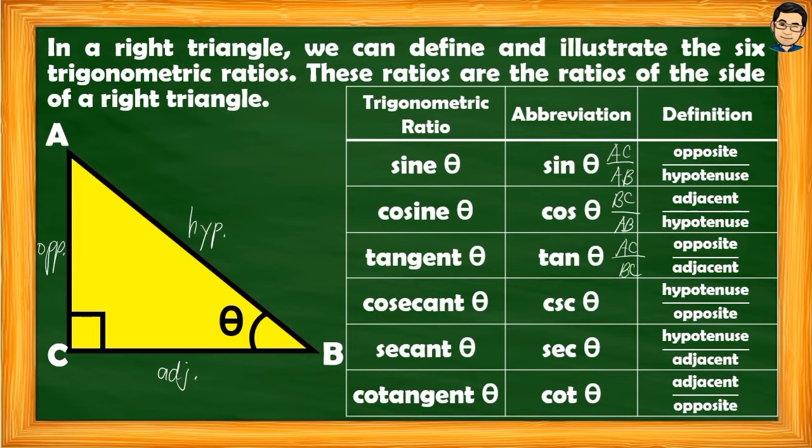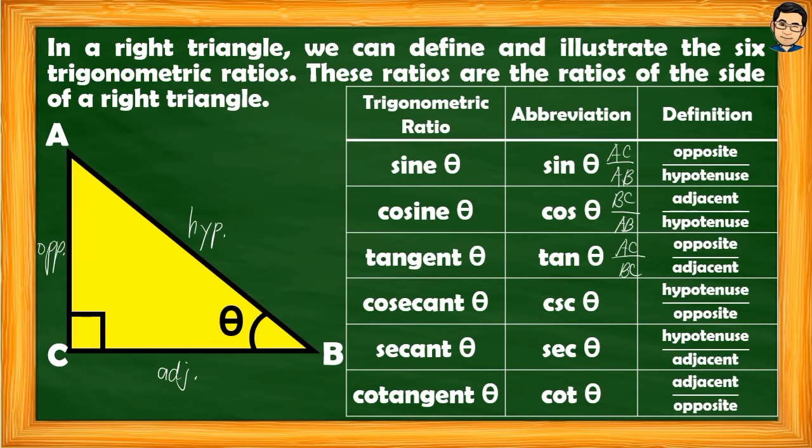Next, ano naman yung cosecant, secant, and cotangent? Yung tatlong huli, yan po yung reciprocals ng ating unang tatlong trigonometric ratios. Yung reciprocal ng sin theta is what we call the cosecant theta, CSC theta.